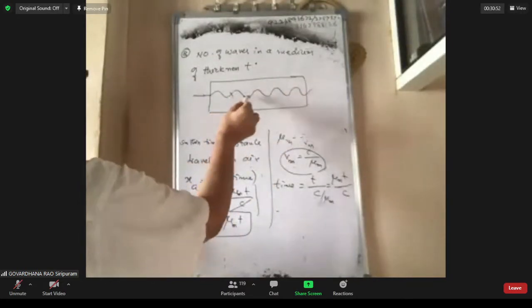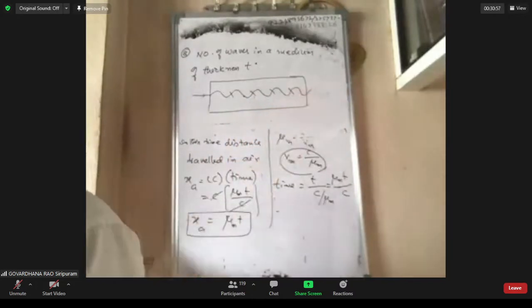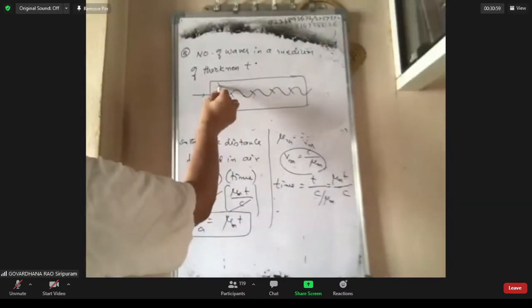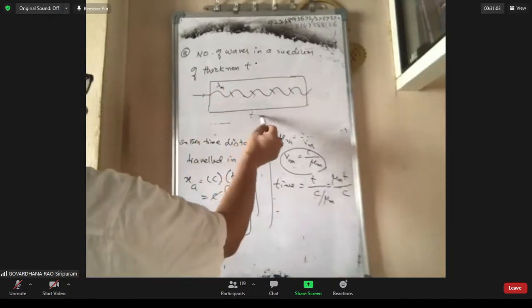This is one wave, second wave, third wave, fourth wave, and so on. Wavelength in the medium is lambda m. Thickness is T.